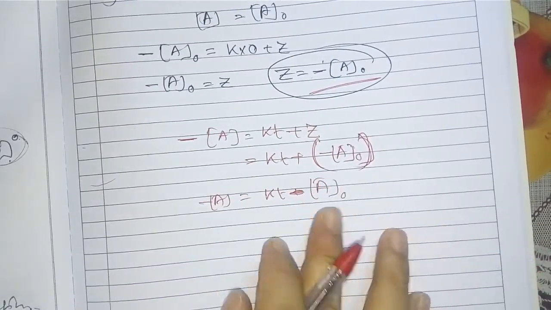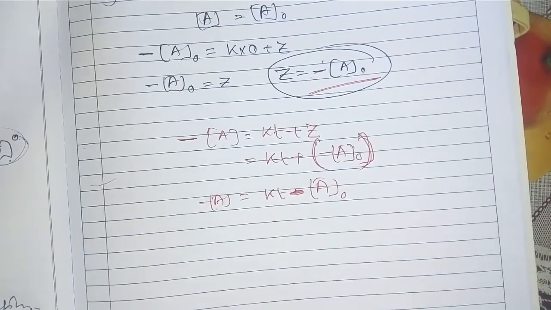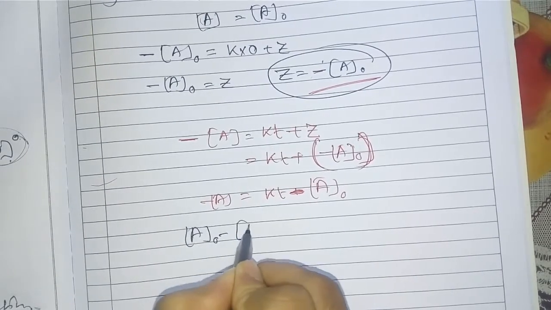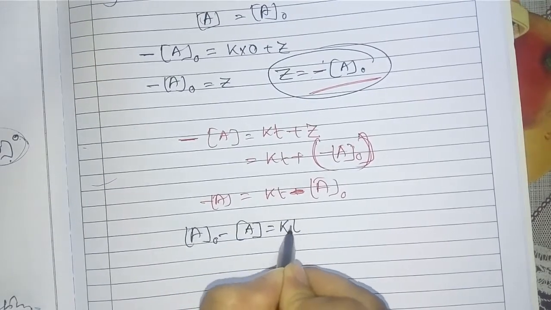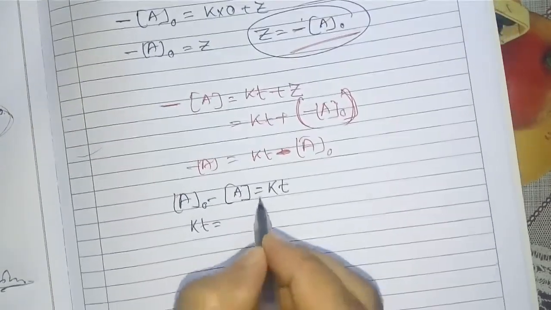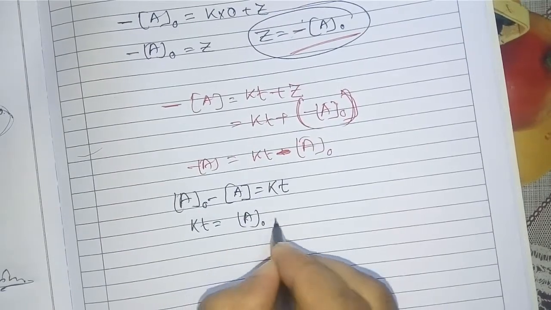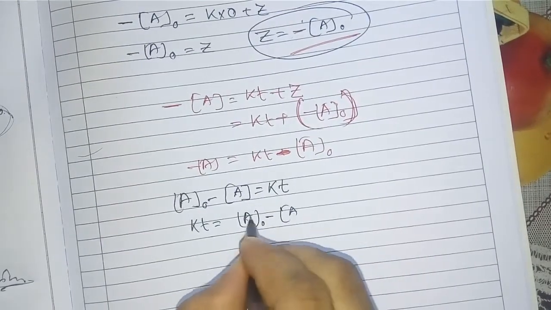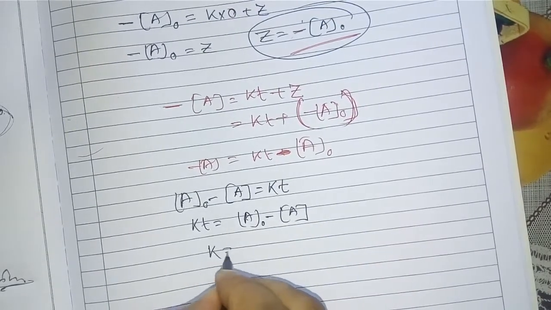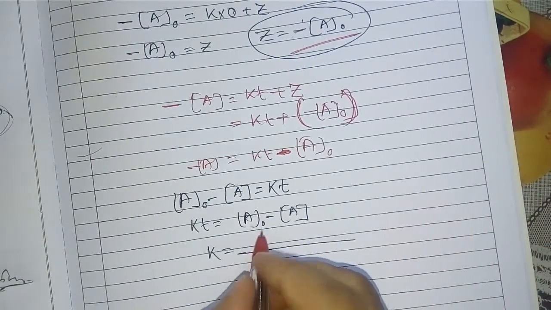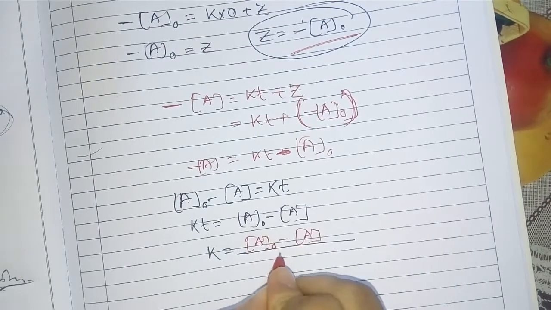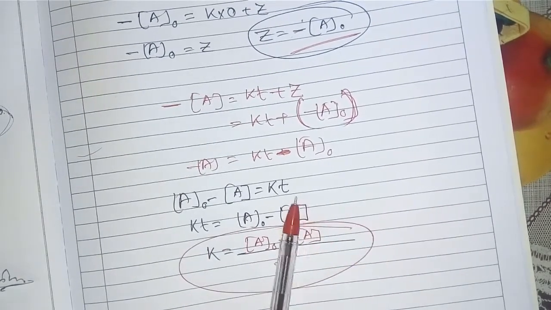Now bring this to one side, so you will get concentration of A naught minus A equals Kt, or Kt equals concentration of A naught minus concentration of A, or K equals concentration of A naught minus concentration of A divided by t.